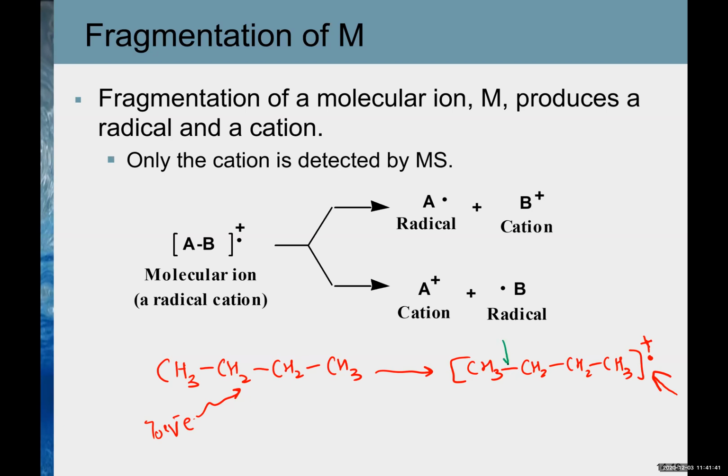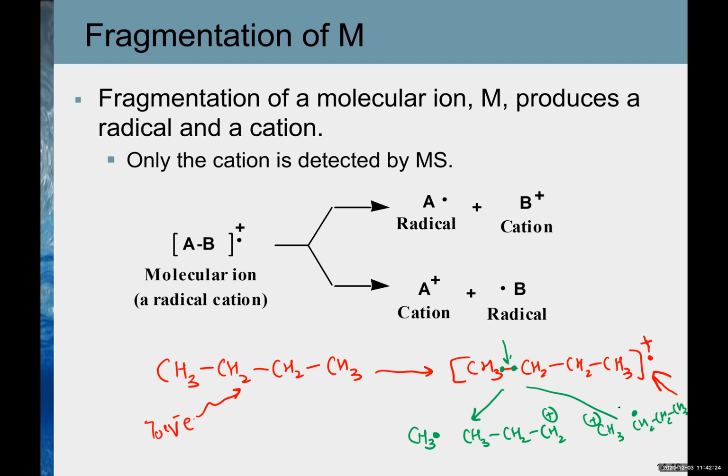When this bond breaks, this bond is made up of two electrons, right? When this bond breaks, there are two chances. Either one of the fragments becomes a free radical and the other fragment becomes a cation, or this will be the cation and the other one will be the free radical.